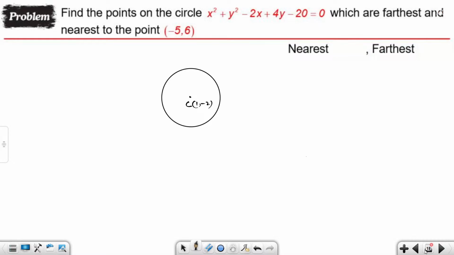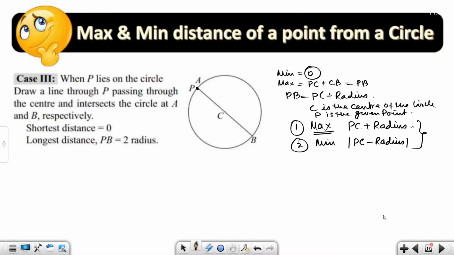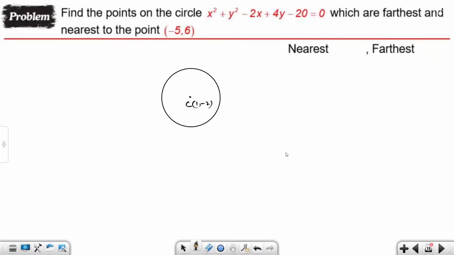Still I will find it, but here you don't need to, because as we have seen, for finding the distance you don't need to find out where the point P lies, outside, inside, or on, because our answer is irrespective of the position of point P. That is why I've generalized it. But in this case we have to find its position, because we have to find the points on the circle, right? So how do we find the position of this point with respect to this circle?